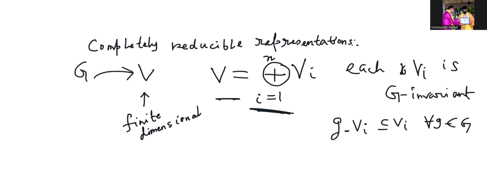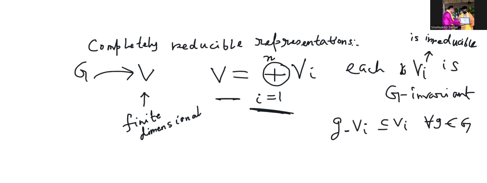Also, each Vi is irreducible. That means you cannot break Vi further into a direct sum of two subspaces so that each of them is G invariant.